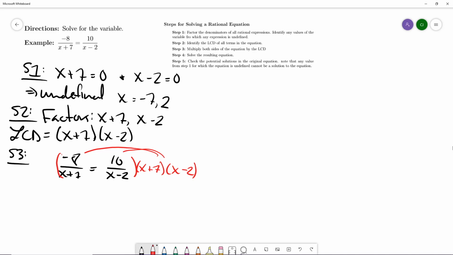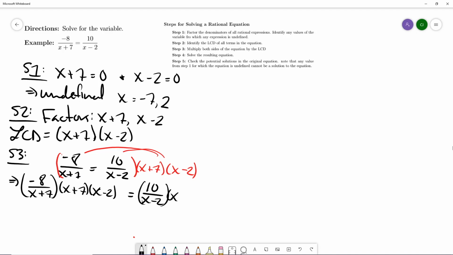So when I distribute that, what do I get? I would get negative 8 over x plus 7, and then this is going to be multiplied by x plus 7, x minus 2. This is equal. When I distribute this as well, I get 10 over x minus 2, put that in parentheses, multiply that by x plus 7, x minus 2.